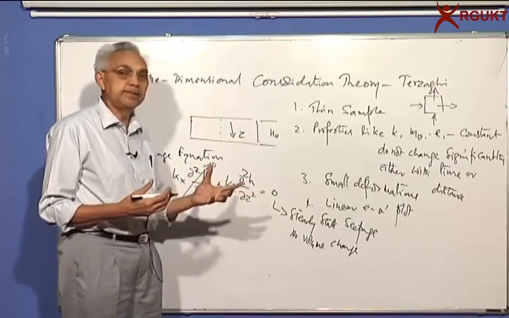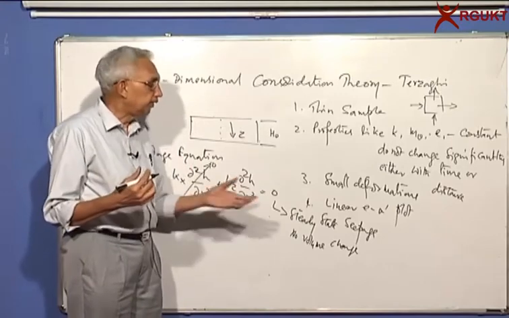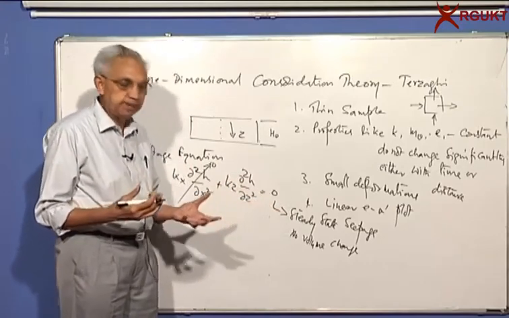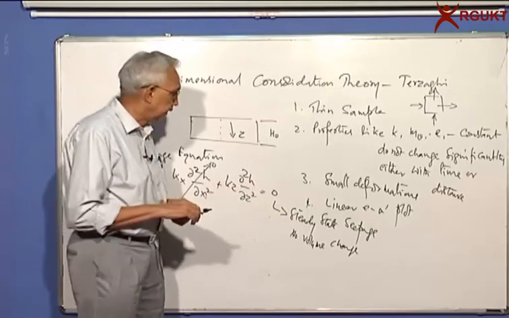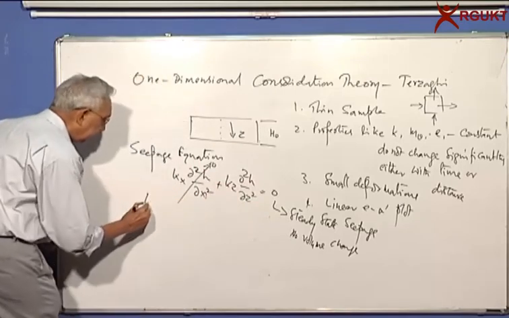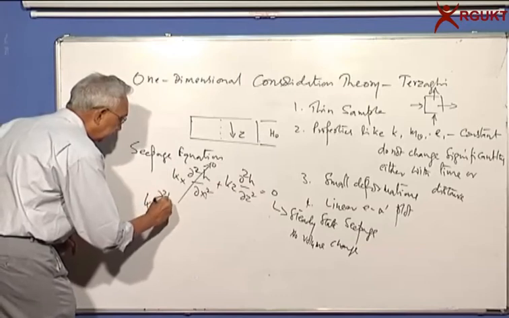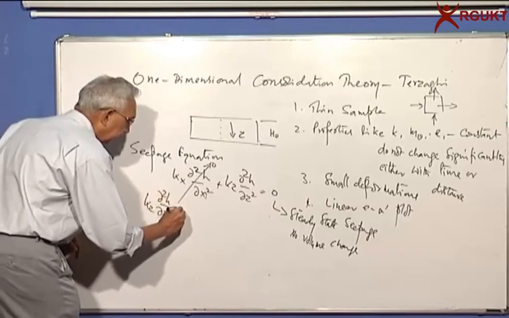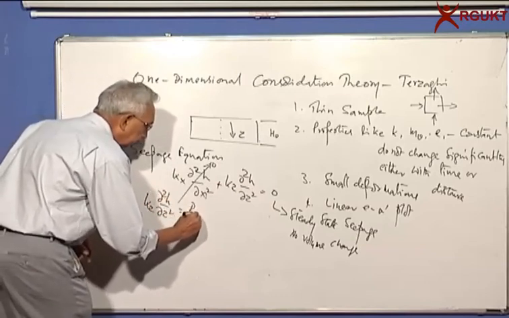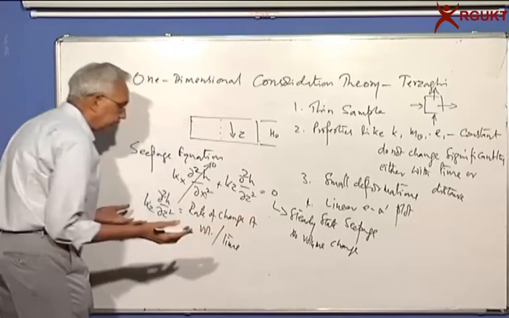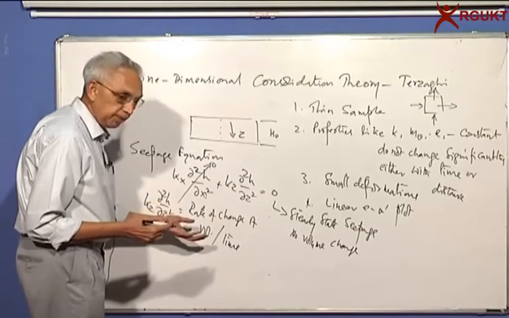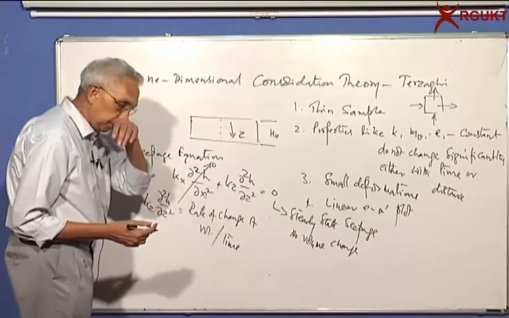Transient means it's a function of time, and steady state seepage means the problem is independent of time. So can I say kz into delta square h by delta z square is equal to the rate of change of volume with respect to time, or basically change in volume per unit time.